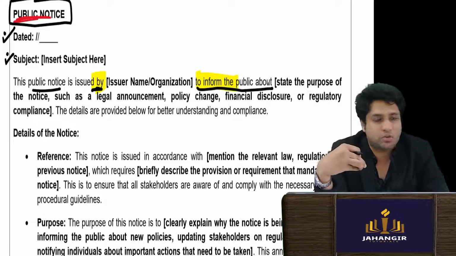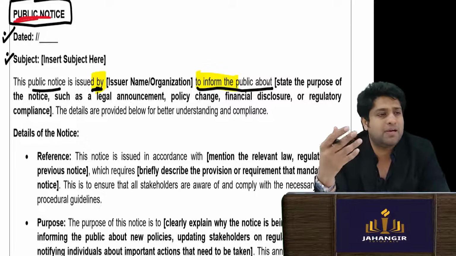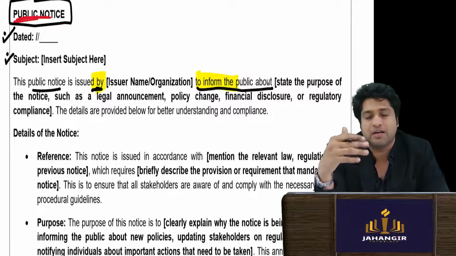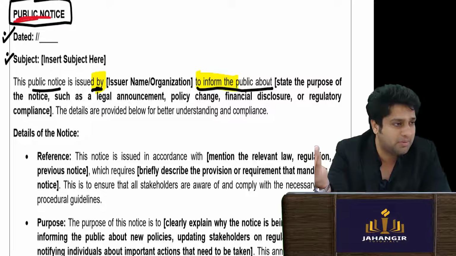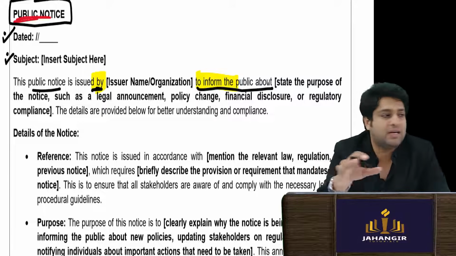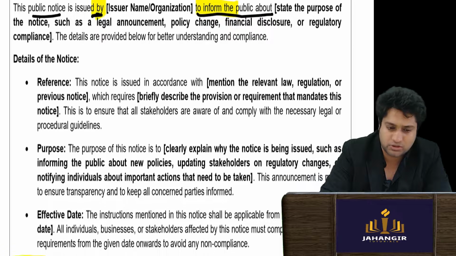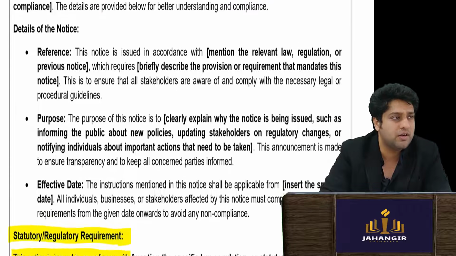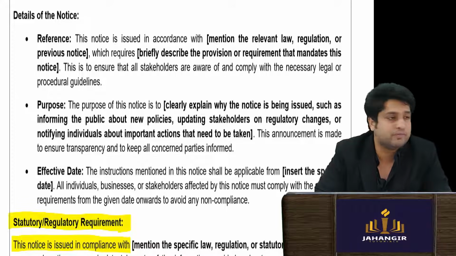So this is how you start: This public notice is issued by so and so to the public, to inform the public about the notice of the meeting, etc., details. Okay, the financial disclosure, policy change, whatever it is. Sometimes, if there is a name change, a public notice is needed.